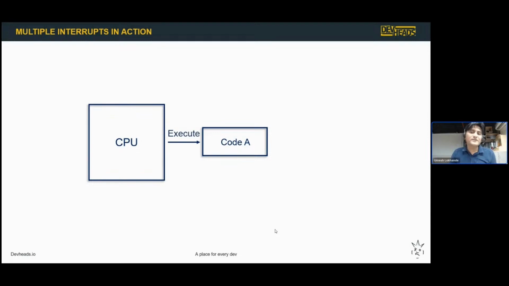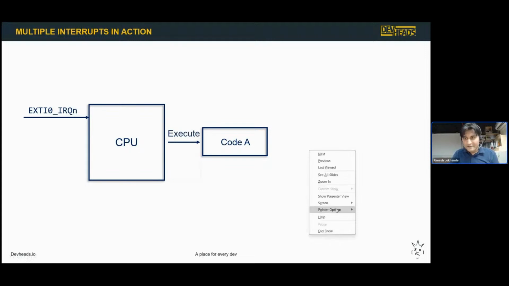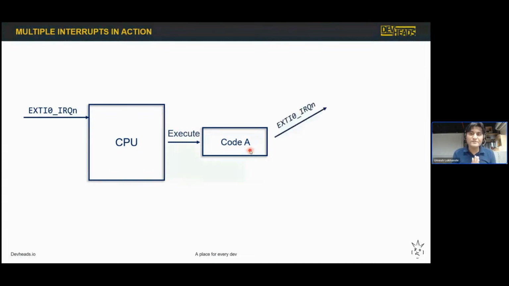So the CPU is executing code A. Let's say the first interrupt gets fired, and the first interrupt could be an EXTI0 interrupt. When the first interrupt gets fired, the EXTI0 interrupt request will get served, and it will toggle the green LED.